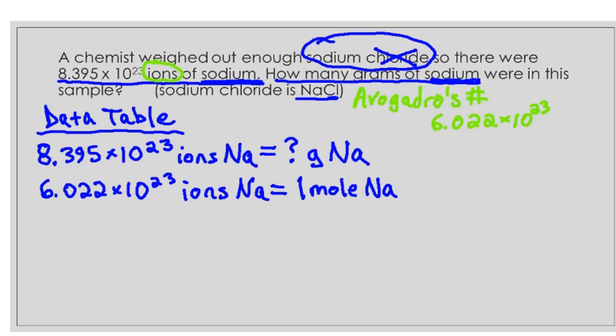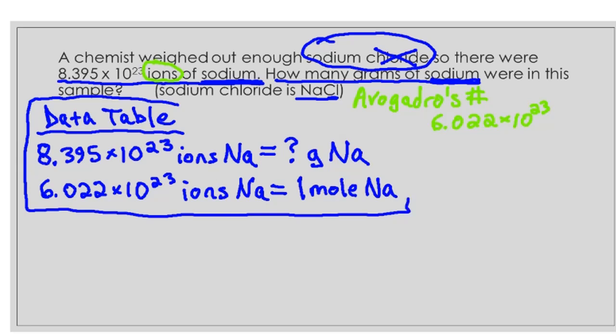And another check that you can do when we're finished with our data table is that there should be 2 mentions of everything. So right now, let's check and see if we have 2 mentions of everything. We have ions of sodium here and ions of sodium here. That's 2. We have grams of sodium here, but we don't have another mention of grams of sodium.